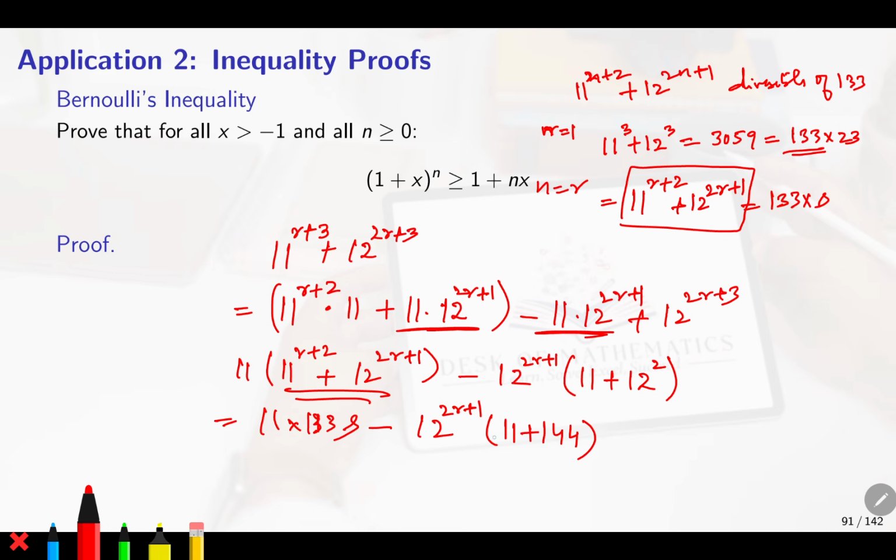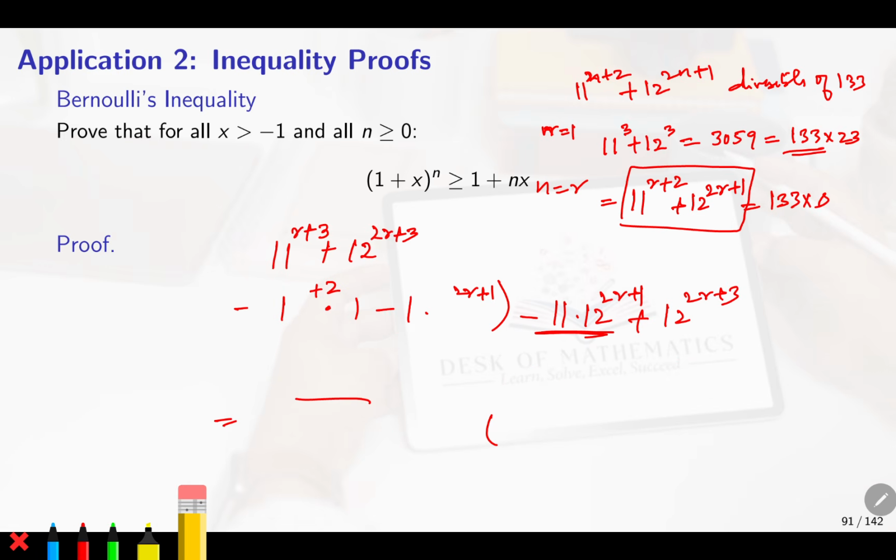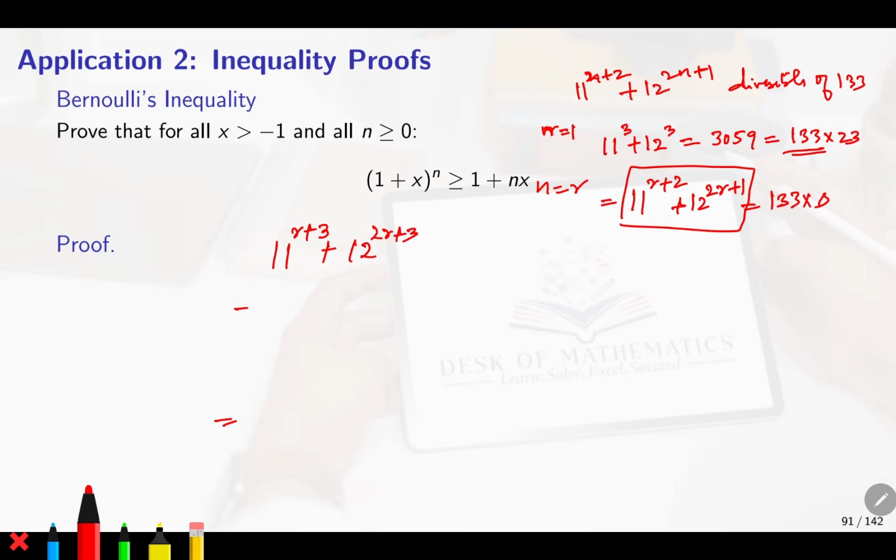Okay, we need the minus or plus. Yeah, that is the minus. So this is minus 1. Just wait, okay, I will write it correctly in this way, that will be more clear to you. So we have 11 to the power r plus 3, so we can write 11 to the power r plus 2 times 11 plus 12 to the power 2r plus 3.